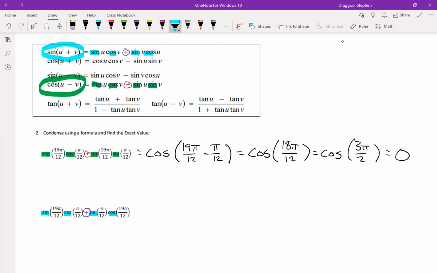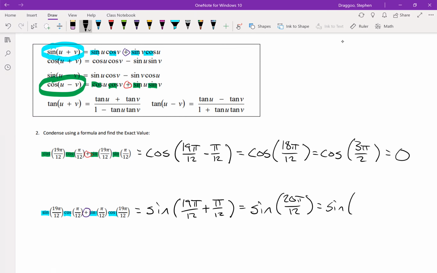So I'm looking for the sine summation formula, which means that this expression should be equal to the sine of 19 pi over 12 plus pi over 12, which simplifies to the sine of 20 pi over 12, or the sine of 5 pi over 3, if I divide 4 into both 20 and 12. And the sine of 5 pi over 3 is negative root 3 over 2.